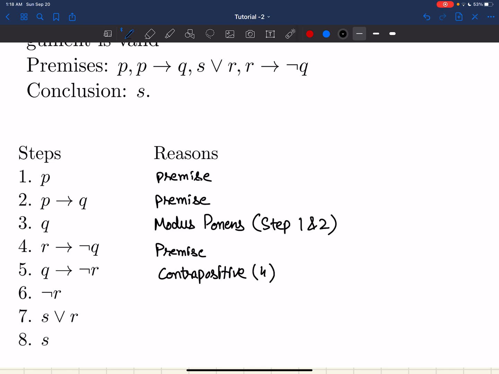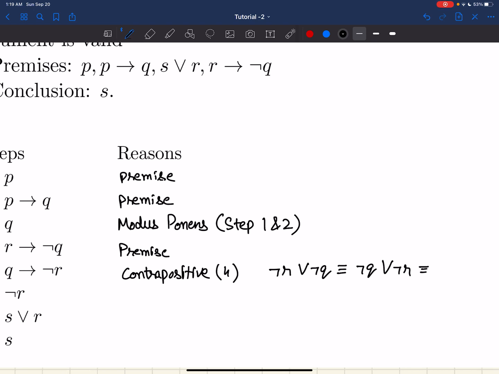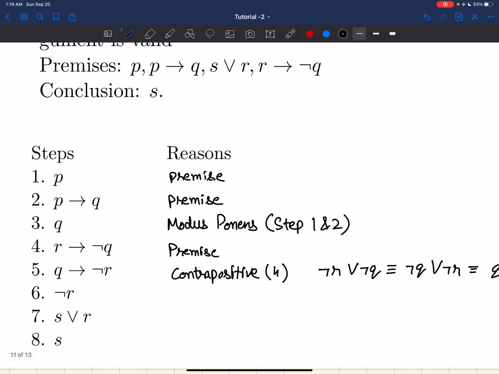If you don't really understand how we arrive at the fifth step, you can use the equivalence of R implies not Q. That would give you not R or not Q. You can also rewrite this as not Q or not R, and this can be rewritten as not Q implies not R.